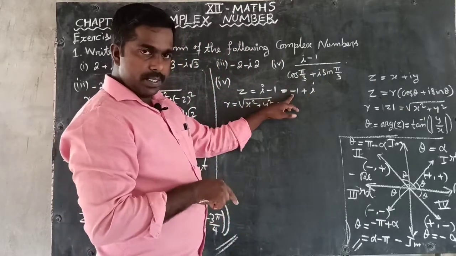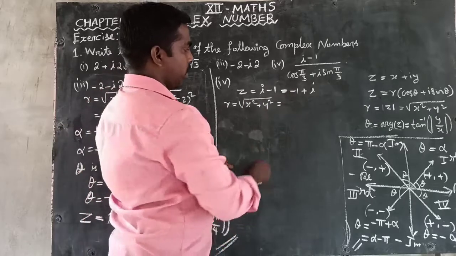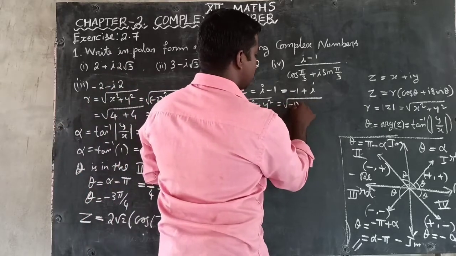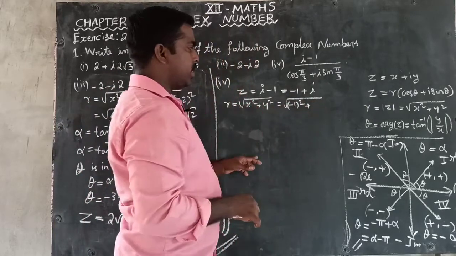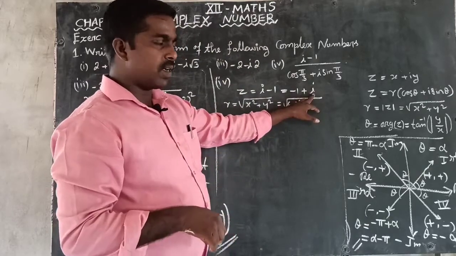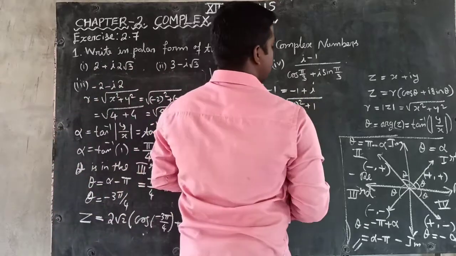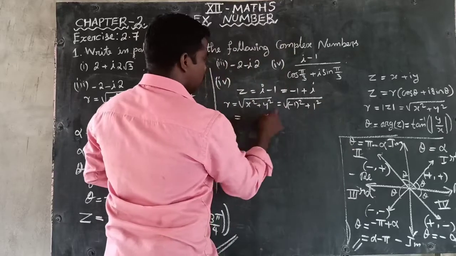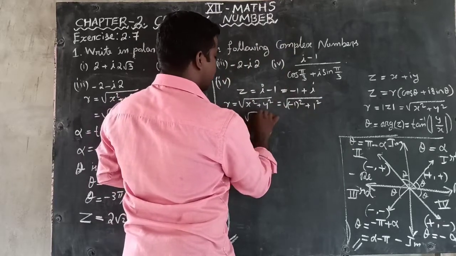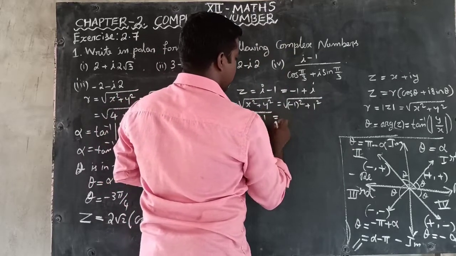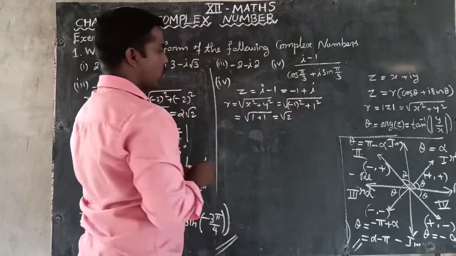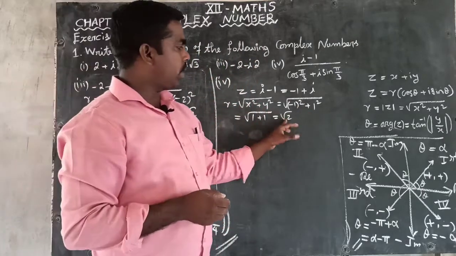The real part x is minus 1. So the square root of minus 1 whole square plus the value of y, which is the coefficient of i, that is 1, so 1 square. Minus 1 square becomes plus 1, plus 1 equals 2, so square root of 2. This is the value of r.